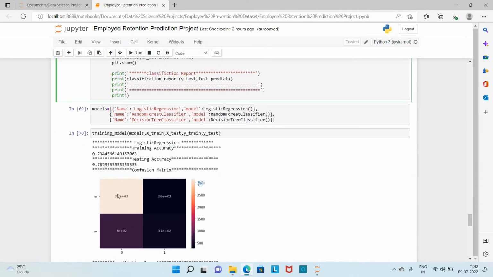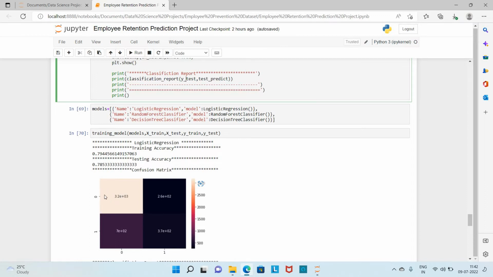So how many of these? Let us see, around 3000 values were predicted correctly, whether the employee is retained or not, whether the employee leaves the company or not. The actual value is 0, the employee did not leave the company, and our model also predicted 0.